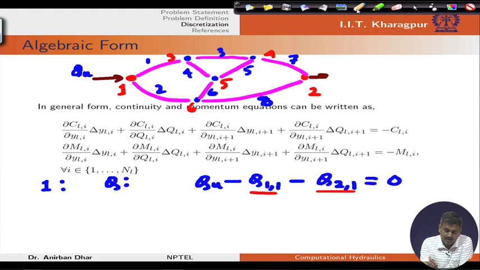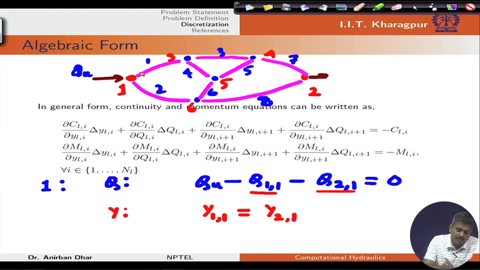Next condition: because we are not considering the difference in elevation for this junction and our channel reaches, for Y we will have one condition. What is that? Y1 1 should be equal to Y2 1.